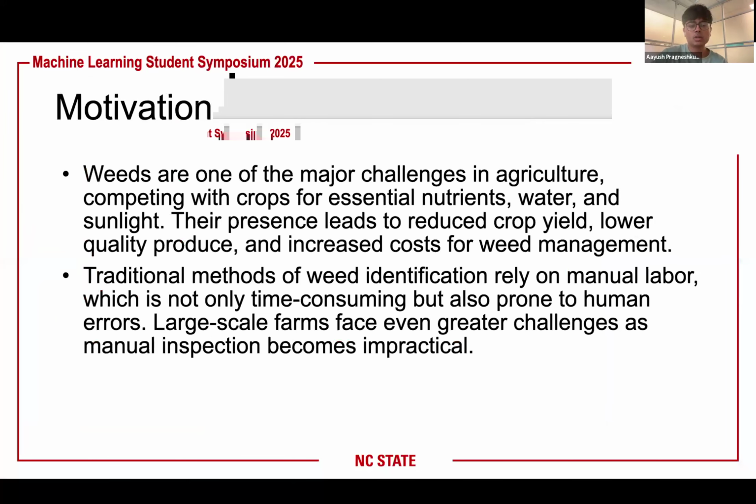So the motivation behind choosing this problem is that weed identification is an important task in agriculture, and in the traditional methods there was manual labor involved, and it could lead to high manual overhead, and it's a time consuming process. Also, since there are humans involved, it could lead to human errors.